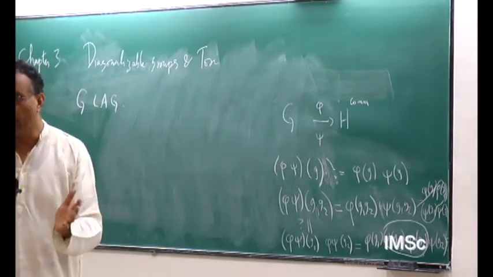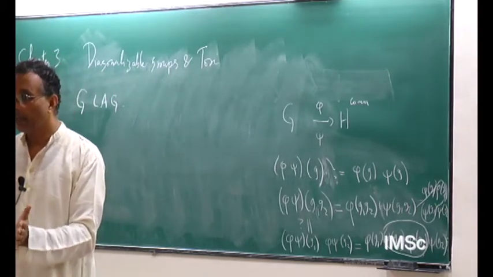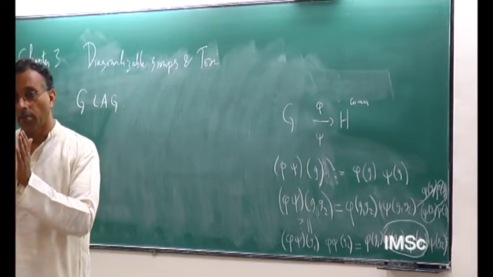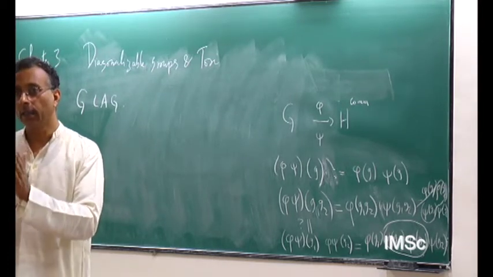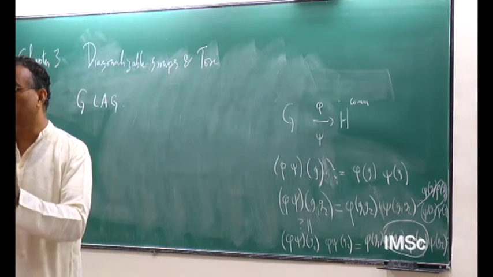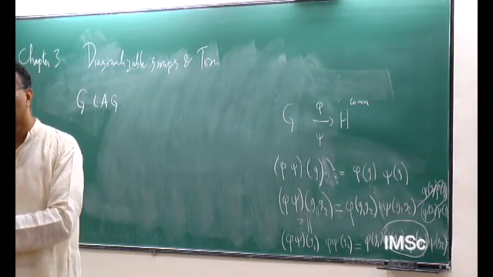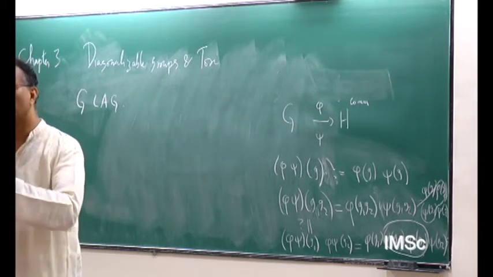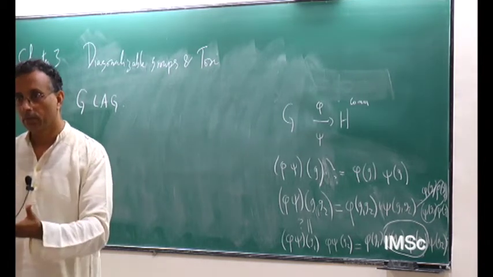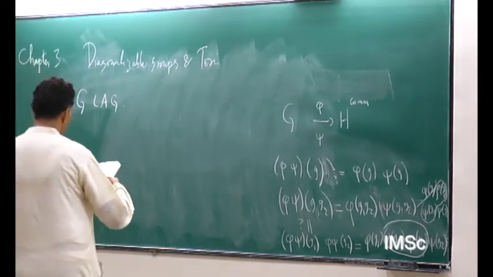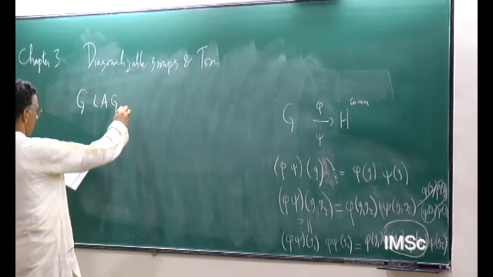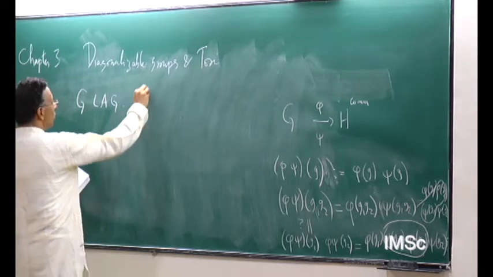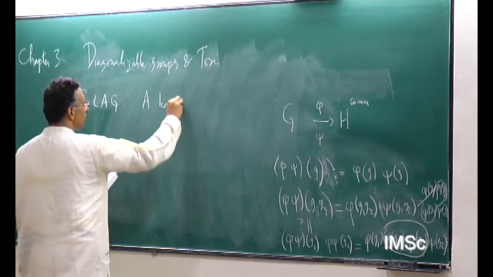So it's rather trivial to see that the set of all linear algebraic group homomorphisms from G to G_m naturally has the structure of a group, okay?